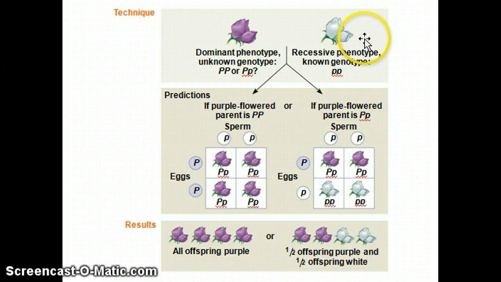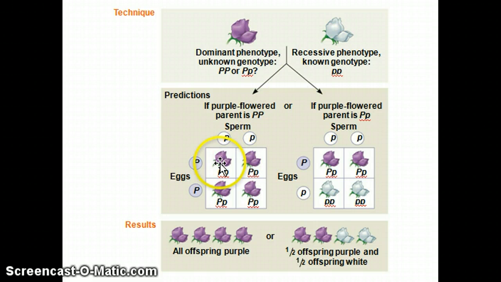So here we have our test cross being our homozygous recessive. This is our known genotype because it's the only one that will show the white coloring. But here we have this purple that could either be homozygous dominant or heterozygous. So we do a test cross by crossing the two of them to see what the offspring look like.